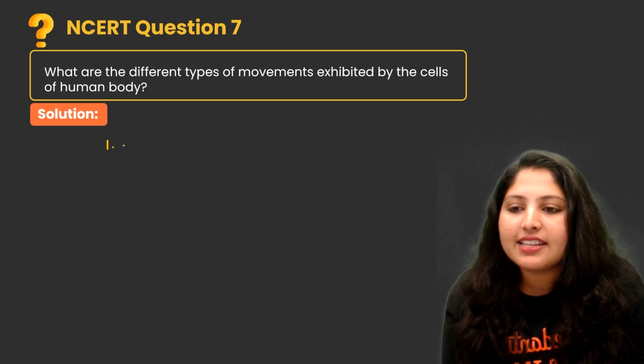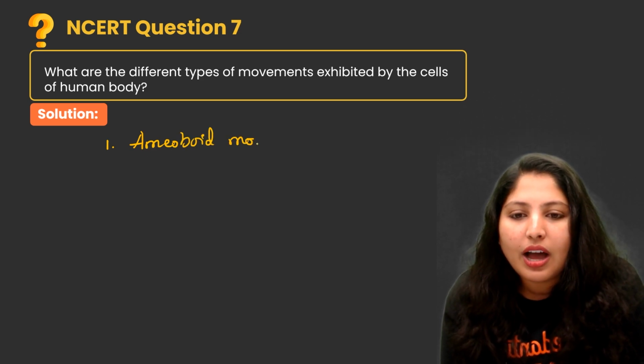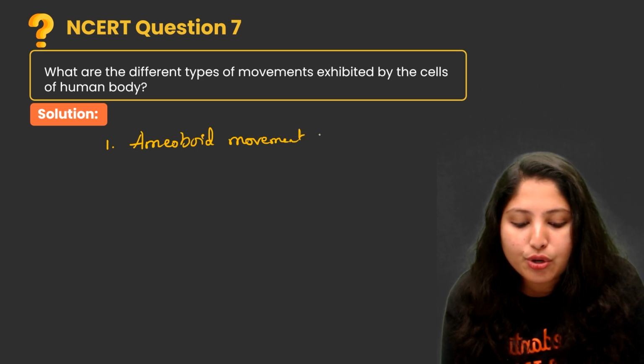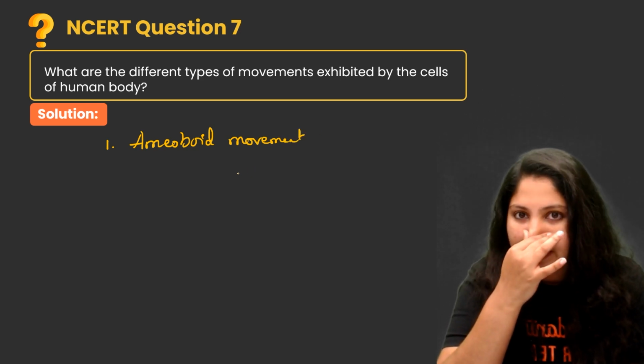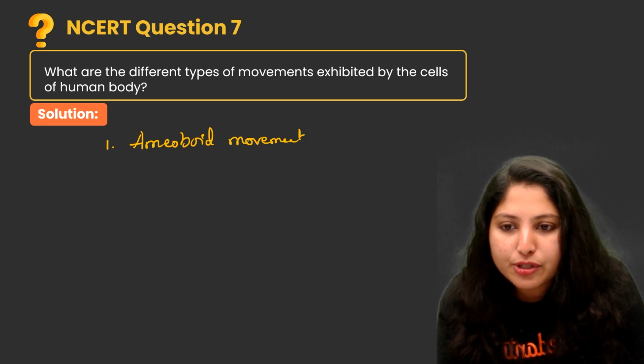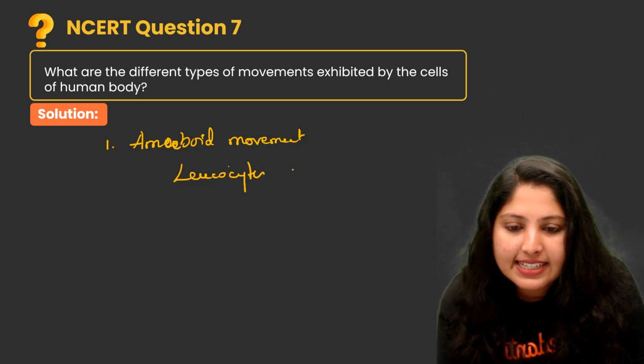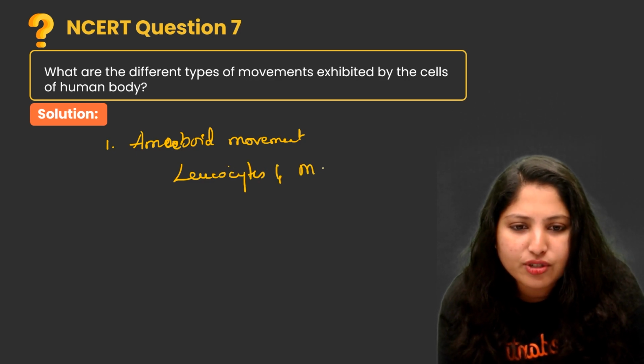The first one is known as amoeboid movement. Which cells show amoeboid movement? Amoeboid movement is shown by leukocytes and macrophages.